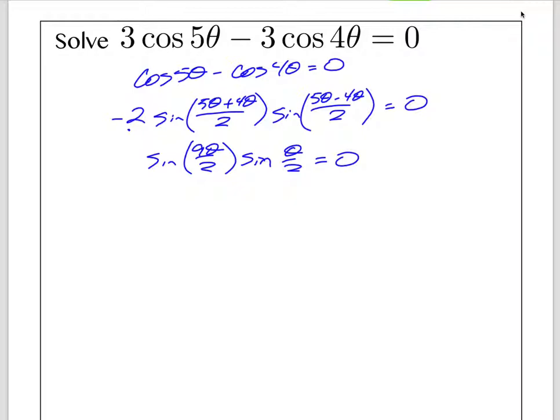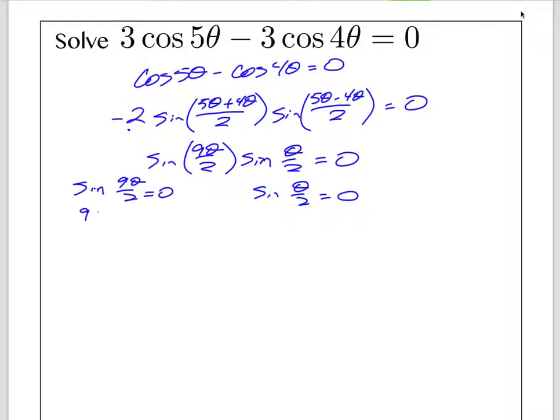I don't need to change them. I've got two things that are multiplied that equal 0. They're already pretty much in a factored form. What do we do after we have things factored? Set them both equal to 0. So sine of 9 theta over 2 equals 0, and sine of theta over 2 equals 0.